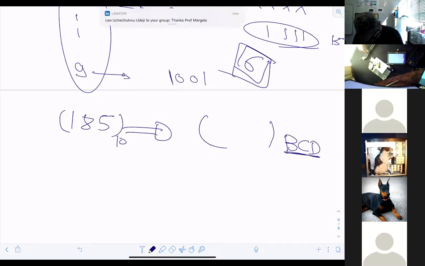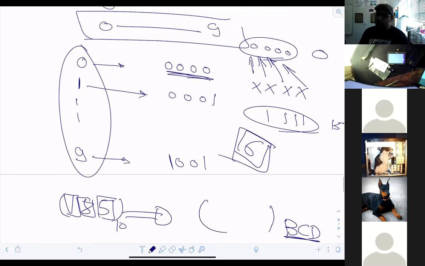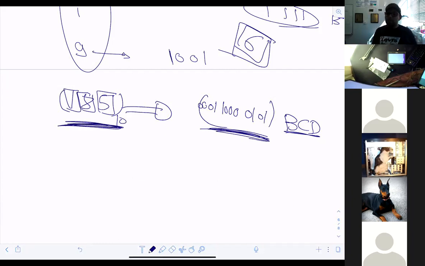So this is 5, this is 8, this is 1. And I will go to my table here, which takes 0 to 9, and I put the value there. So 5 here is 0101, 8 is 1000, 1 is 0001. So whatever is in front of you is the BCD equivalent of the 185 in decimal.